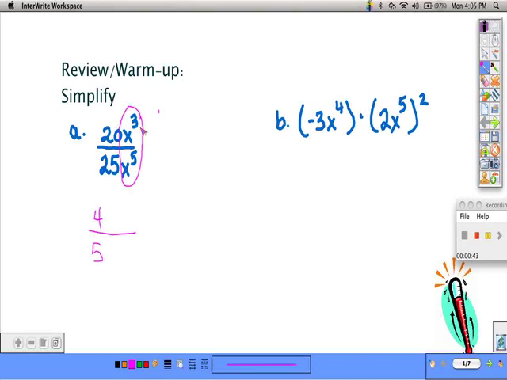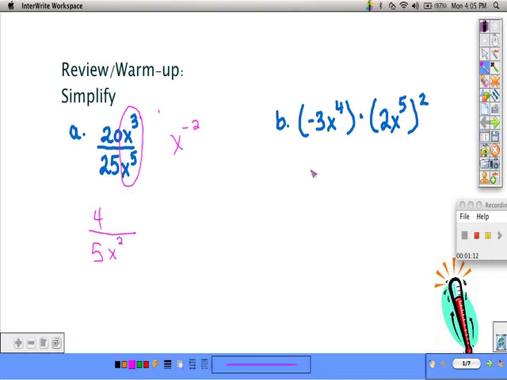We can do 3 minus 5, which gives us x to the negative 2, but the negative would move x squared to the bottom. I like to look at this and say, where are there more x's? There's more on the bottom. So I put x's on the bottom. And by how many more x's are there? There are 2 more down there. So this first problem simplifies to 4 over 5x squared.